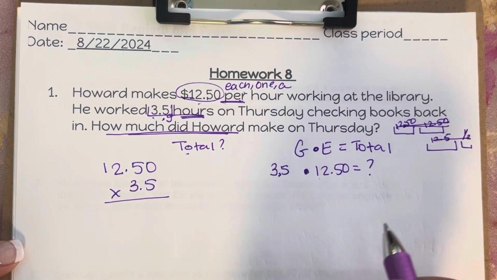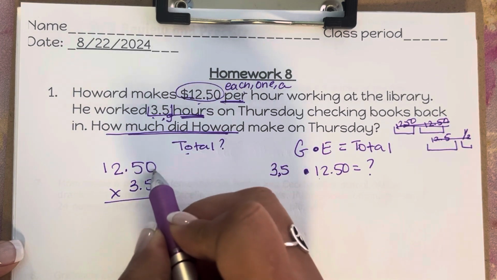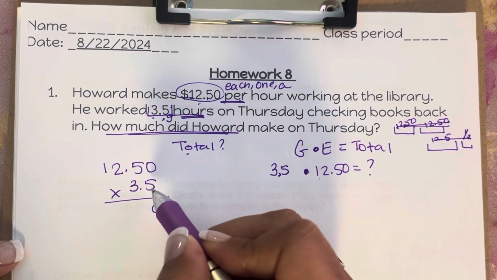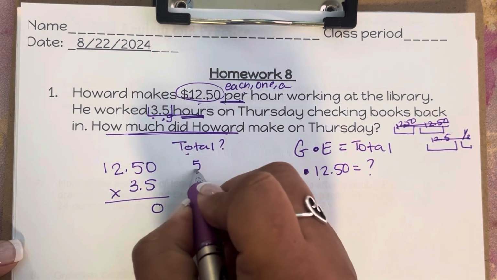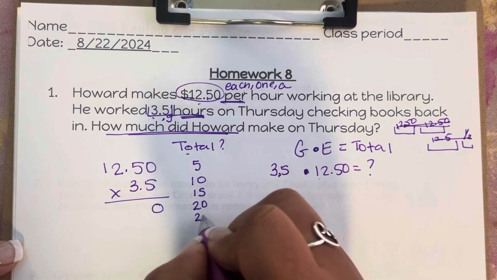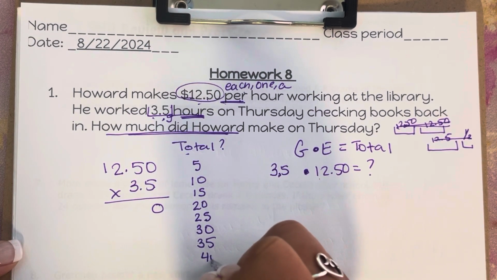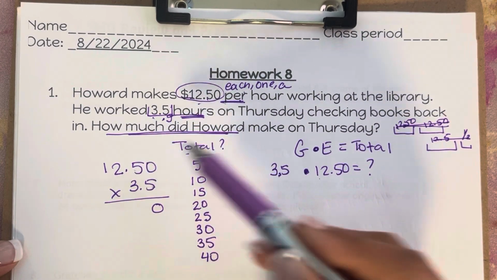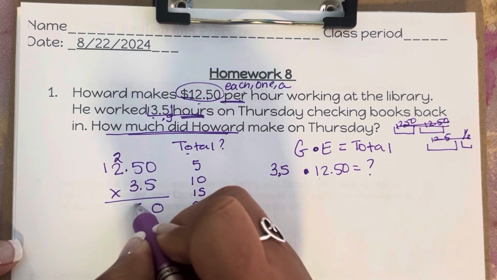Remember, when you are multiplying decimals, you do not need to line up the decimals. 5 times 0, 0. 5 times 5. I'm going to list my multiples of 5 just because. 5, 10, 15, 20, 25, 30, 35, 40. Okay, so 5 times 5, 1, 2, 3, 4, 5, 25.